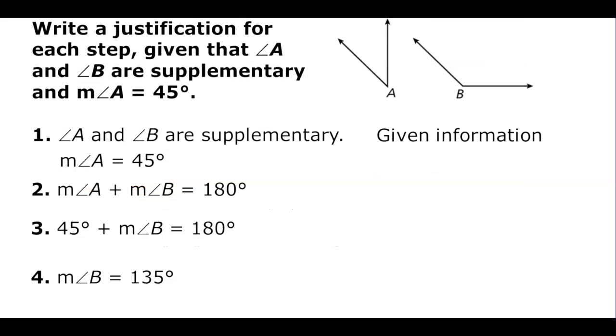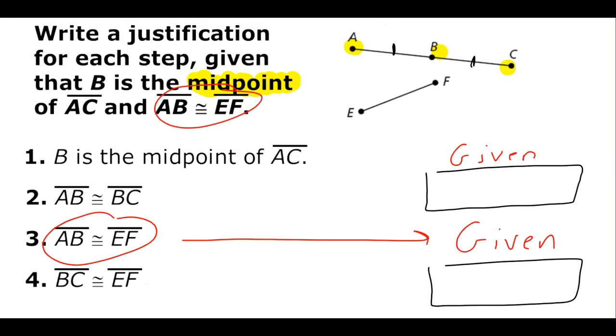So because B is the midpoint, that means that each half is congruent. So that is literally the definition of midpoint. And I'm just going to put MP there to make it short. The definition of midpoint says that if B is the midpoint, then AB is congruent to BC.